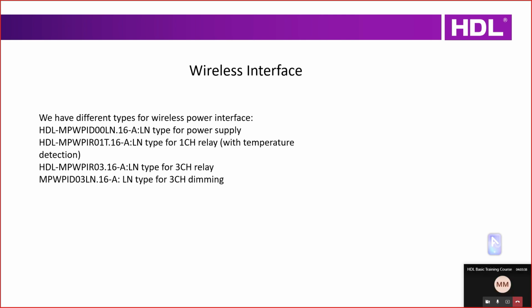So when you use our Bus Pro wireless panel like DLP and the iTouch series button, you can choose different kinds of power interfaces according to your needs. For example, if I need 3-channel relay, then I can buy this one. If I need dimmer, I can buy this one. So it's very convenient because our interfaces have channels as well. And it even has relay with temperature detection.